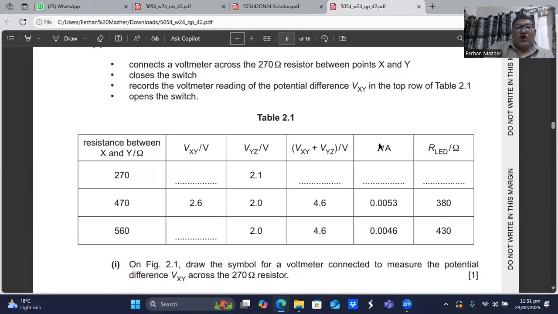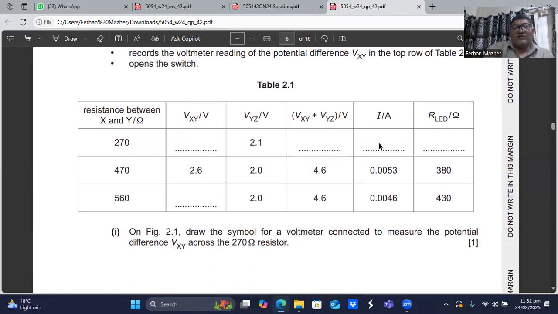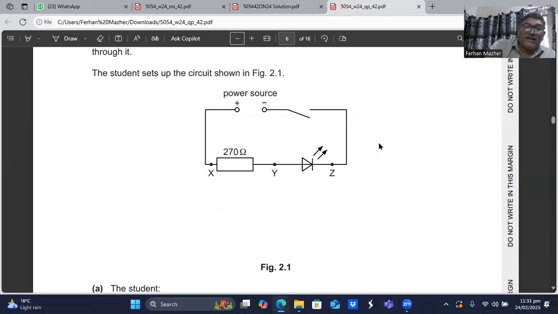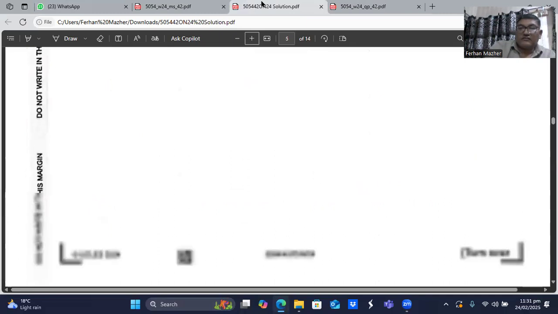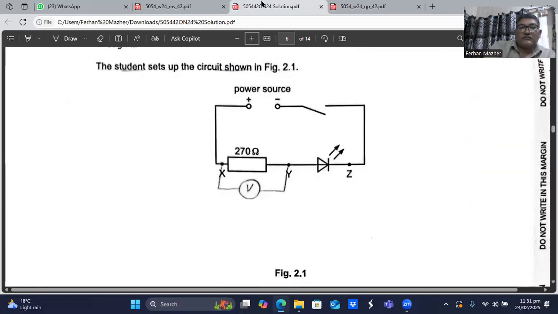So on figure 2.1, draw the symbol for the voltmeter connected to measure the potential difference Vx across the 270 ohm resistor. So if you want to find out the voltage drop across this, you have to connect a voltmeter here, which is parallel to XY.